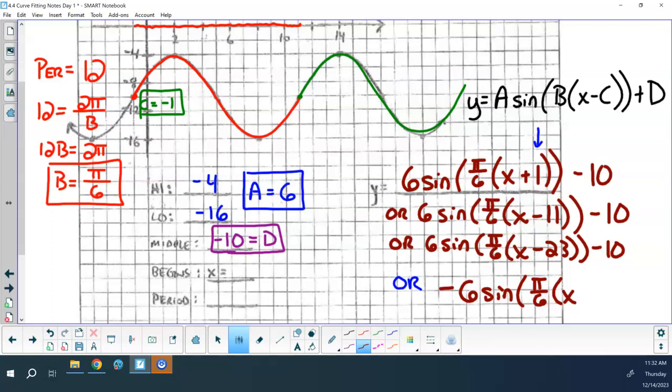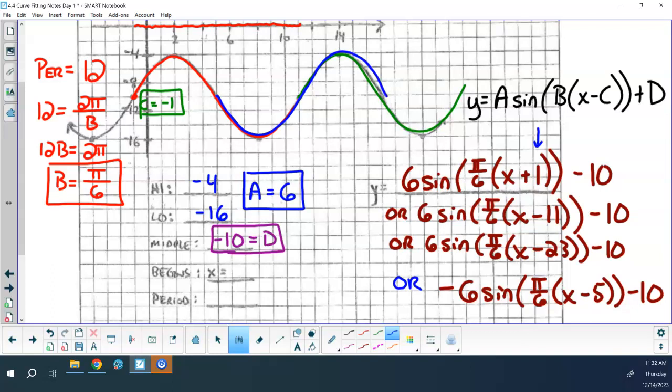Where would this one be? This one would be at... what about that one? Does that fit it? That one starts here and goes to there.